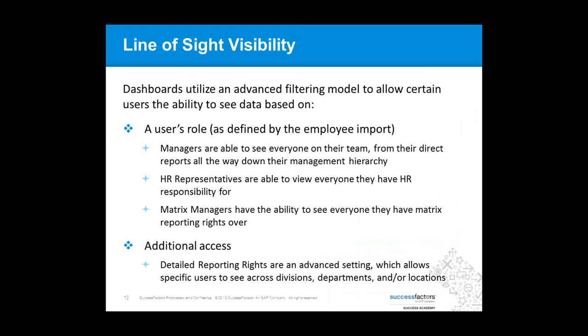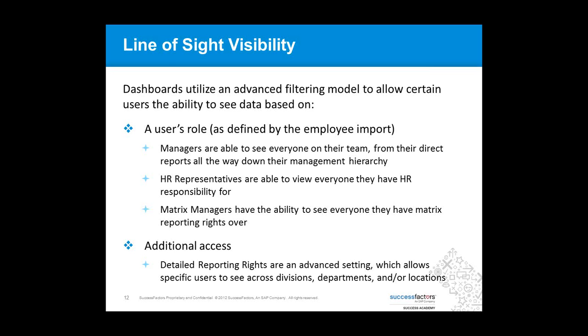And then line of sight. It uses an advanced filtering model to allow certain users to see the data based on the user's role. A manager can see everyone in their team, from their direct reports all the way down their hierarchy, and HR representatives can view only whatever they are responsible for.